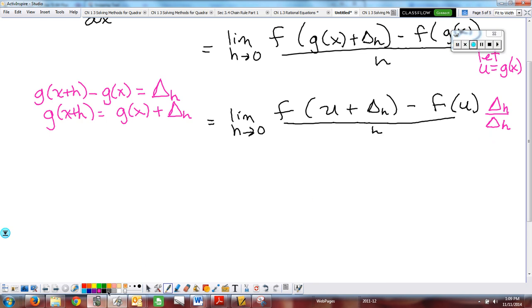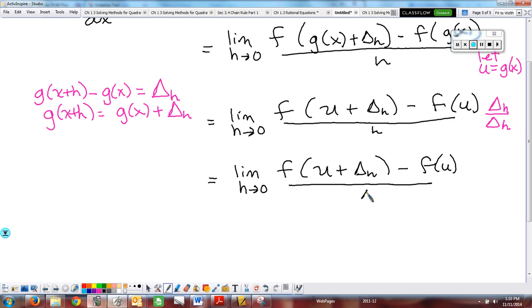And if I multiply by this form of 1, then I'm going to rearrange it, the limit as h goes to 0, f of u plus delta h minus f of u. I'm going to put 1 over delta h here, and then I'm going to move this one over here, so I'm going to have times delta h over h. Now, what I can't do, like I did in the first problem, is pull this out to the front because this is not a constant now.